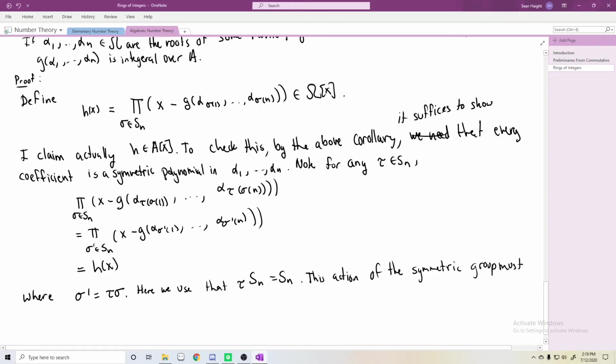So it leaves h unchanged, so it has to leave every coefficient unchanged. In particular, the coefficients of h must be symmetric polynomials in the roots alpha 1 through alpha n.